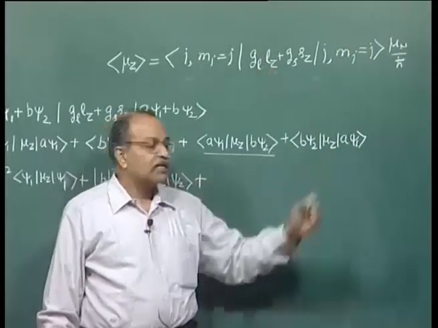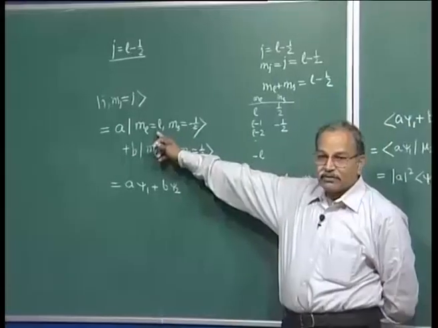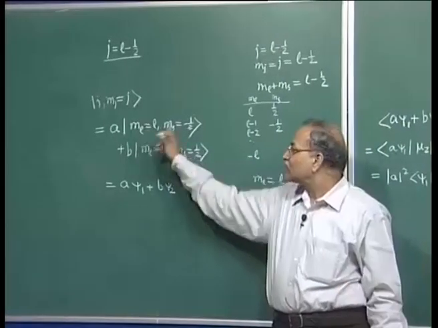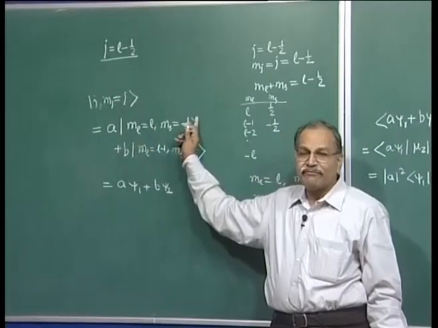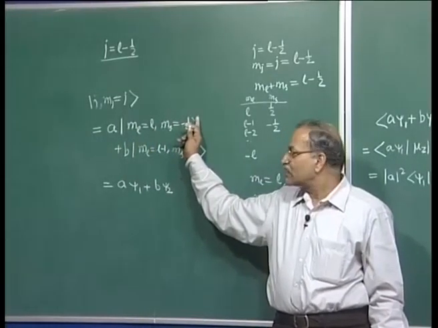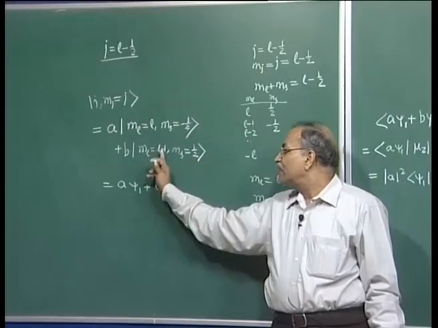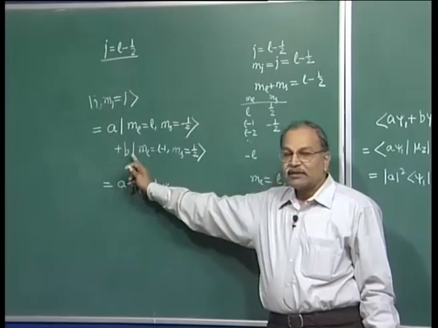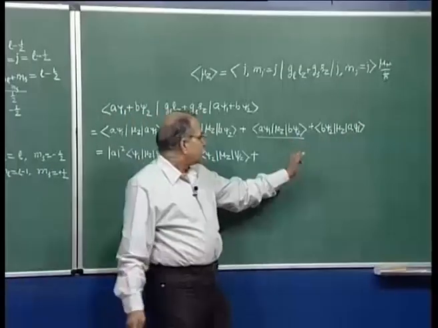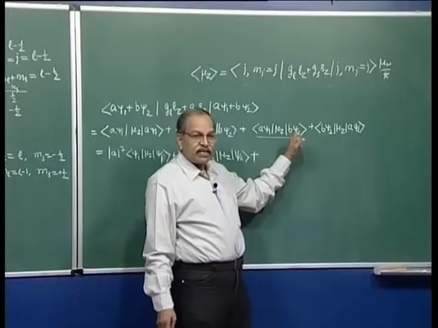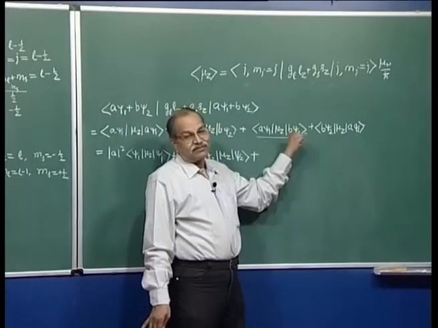Lz operating on psi 1, what will it give? ml is equal to L, so Lz operating on this part will just give you L h cross times the same wave function. Similarly, Lz operating on psi 2 will give you L minus 1 h cross times the same wave function. So, after operation it also remains psi 2, with some constants, and psi 1 and psi 2 are orthogonal.